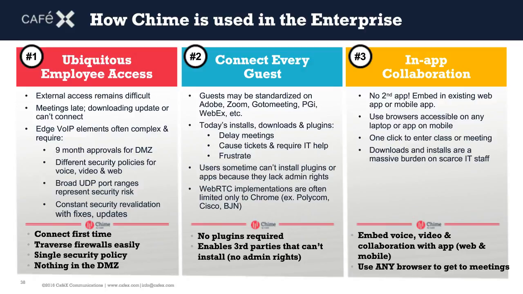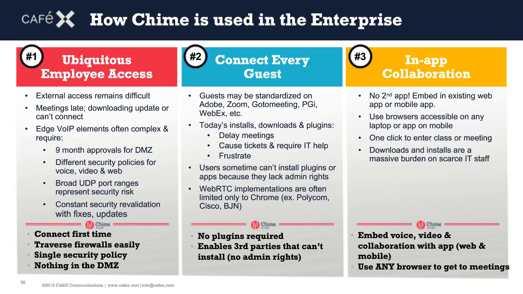Second is that guests who might not have access to install new plugins or can't install GoToMeeting or Zoom or other web conferencing solutions because they've standardized on something else, they can use Chime, and they won't be delayed by trying to install a new plugin or being blocked from doing that installation. They won't be frustrated when they join that meeting because they can get right in every time using their browser of choice and what their organization has chosen to be their browser of choice.